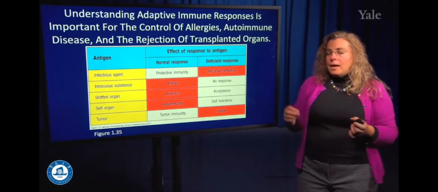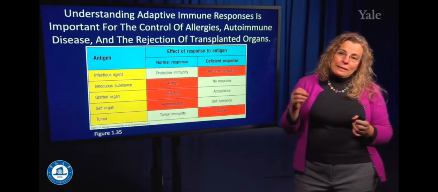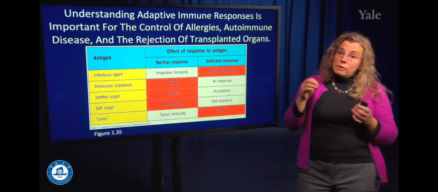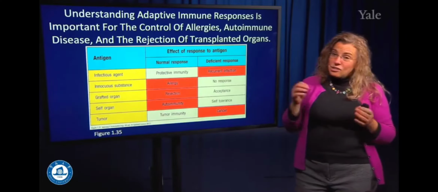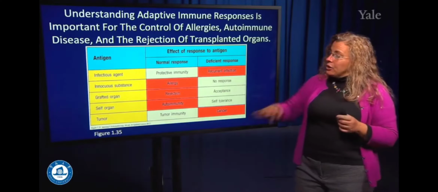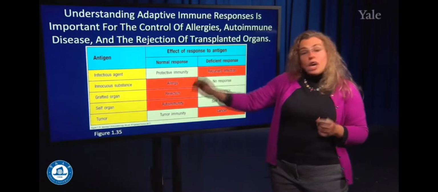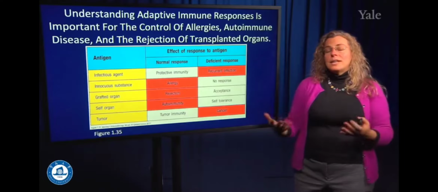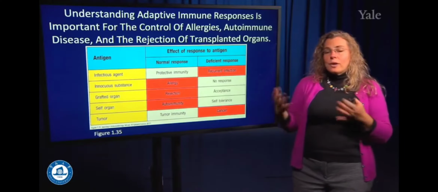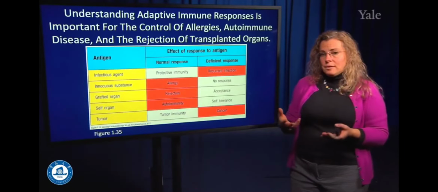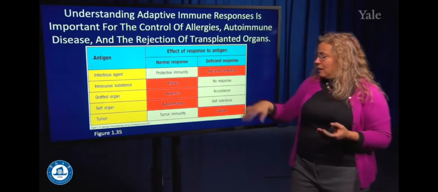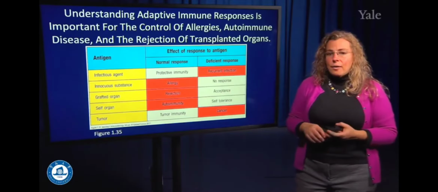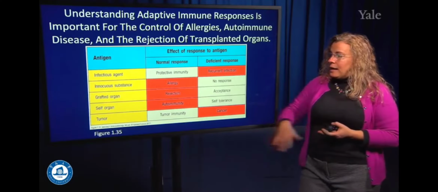So if you transplant in an organ from another person, it doesn't look just like you, and your immune system does what its job is, which is to eliminate that foreign thing, which would be to reject that organ. So we have to try to manipulate the immune system so that it doesn't reject it, and that's acceptance of that grafted organ.